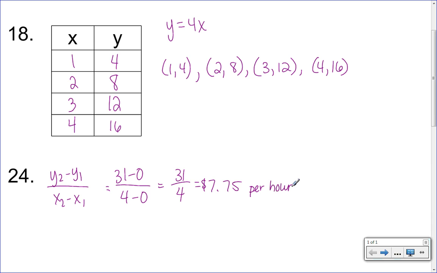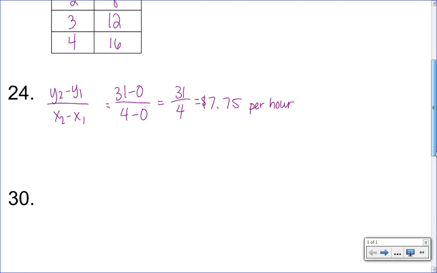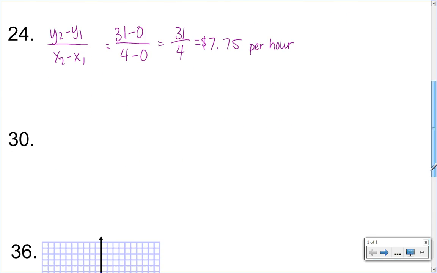Alright, let's continue to number 30. Number 30 just says to find the slope of the line that passes through each pair of points. And for this one, the points are (6, -4) and (-1, 10). So to find the slope, we'll use the slope formula, y2 minus y1 over x2 minus x1.